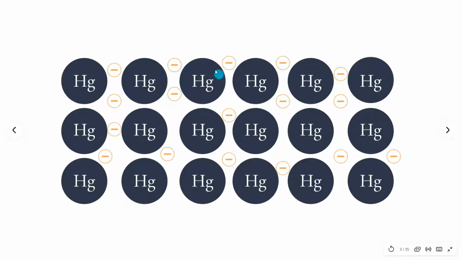So the atom has lost its valence electrons, so it can be thought of as a cation or as a positive ion. But when we look at the entire solid, the number of protons and the number of electrons is the same, because those delocalized electrons are still moving around that metallic solid.